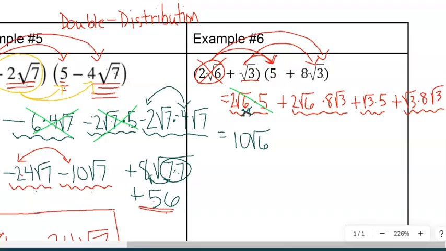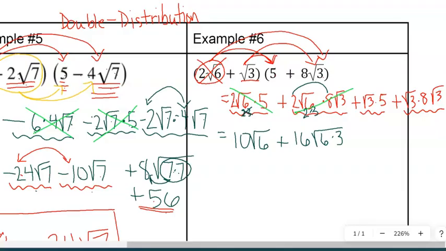I've got, let's see, 6 is 2 times 3. Actually, I'll just rewrite it. So I've got the 8 times 2 on the outside, which is 16. And then I've got 6 times 3 on the inside. I'll wait to clean that up. So this term's done.